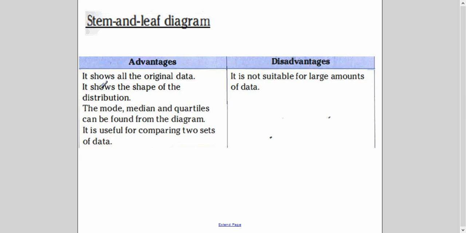You can get the shape of the distribution, you know the median, mode, quartiles, everything, and you can compare two sets of data very carefully. The disadvantage: this style is not suitable for a large amount of data, right? For a large amount of data, which style is suitable? Frequency table, cumulative frequency table, where you make groups of the data, right?